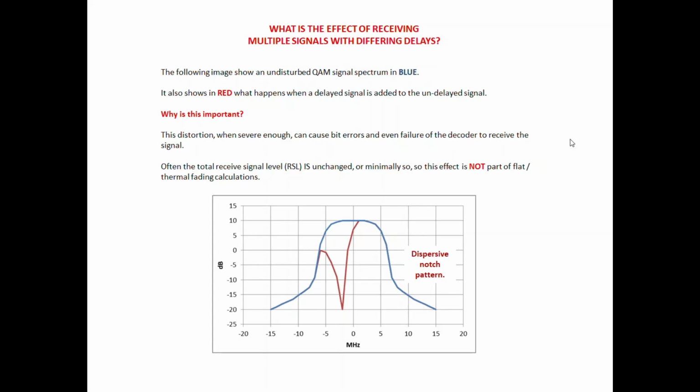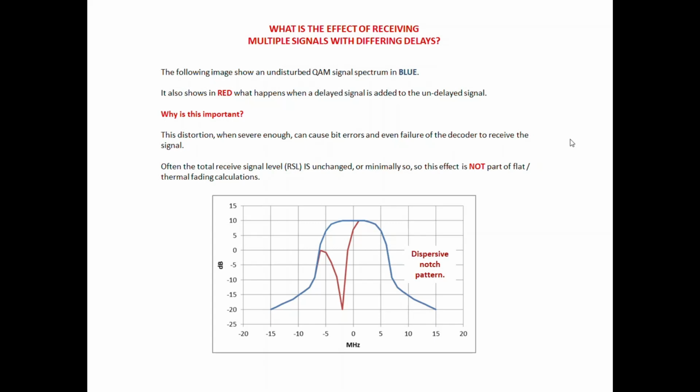And that happens when these delayed signals of the same signal source are added into the wanted signal with different phases, and they cause this kind of a notch effect. Of course, the depth of the notch and the exact position of the notch and the width of the notch are all dependent upon the actual conditions, basically the strength of the reflections, the delay of the reflections.